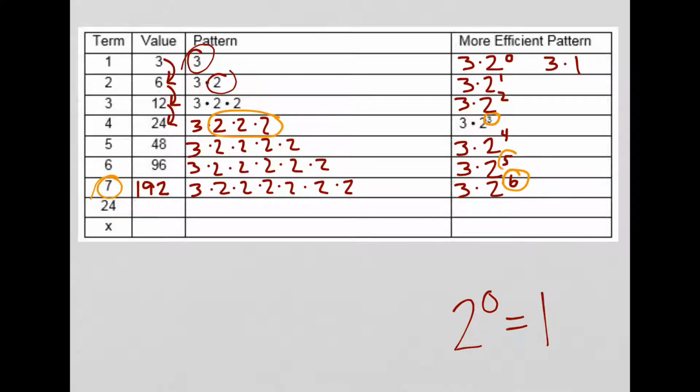Well, look at this one. That was a 5, but it was the 6th term. This is a 4, but it was the 5th term. So hopefully you can see that this would be 3 times 2 to the 23rd term because it was one less every time. And so a general equation would have been 3 times 2 to the x minus 1 power.